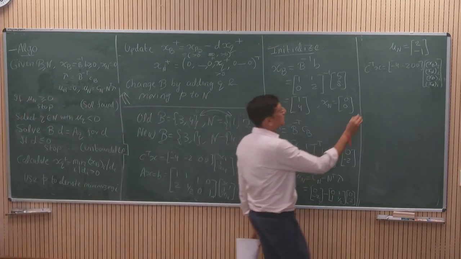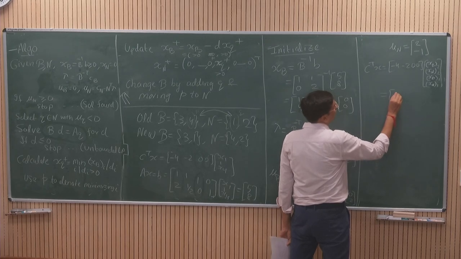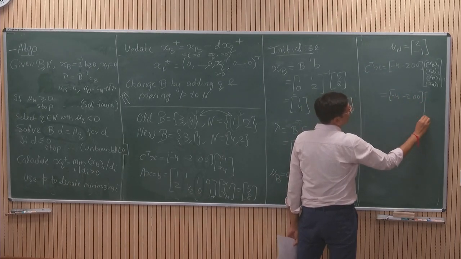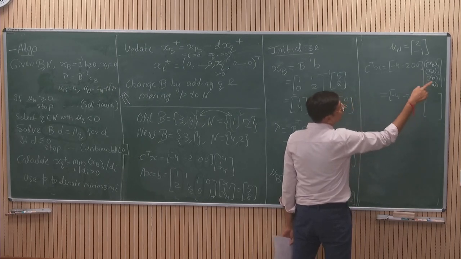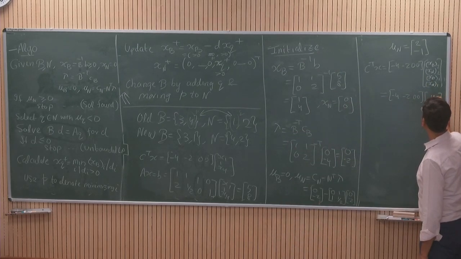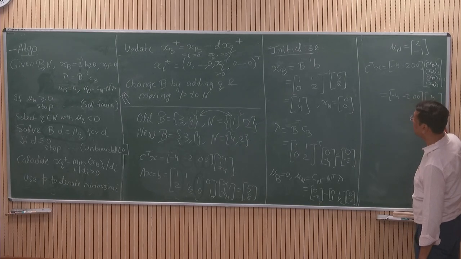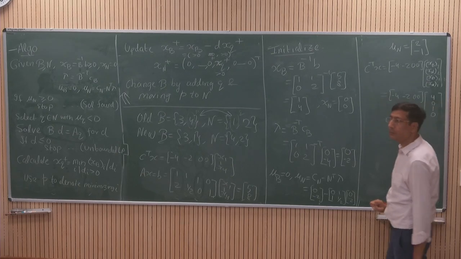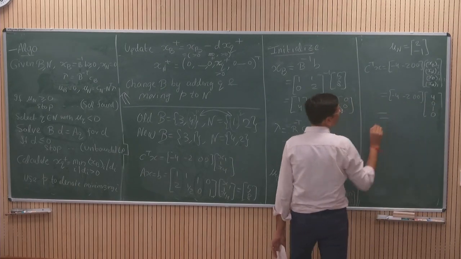So this is minus 4 minus 2 0 0, and what is the xb2? What is xn1? xn2 is 0, xb1 is 1 and xn1 is 0. Correct?